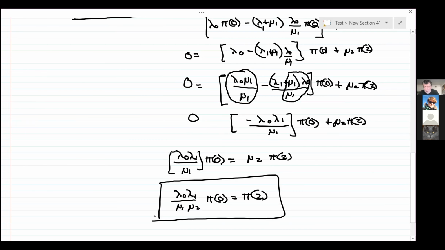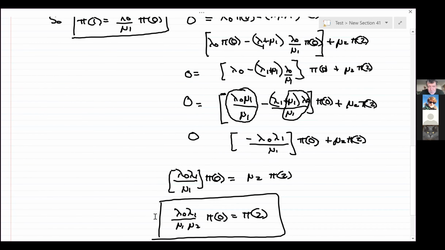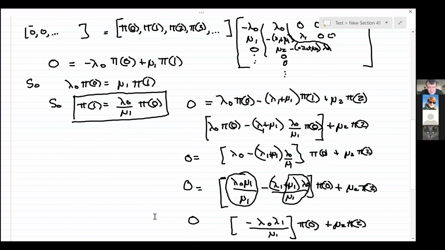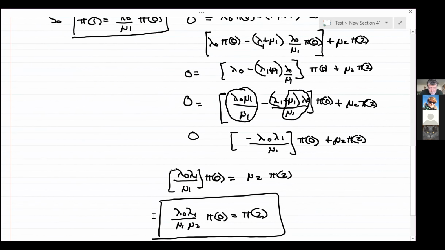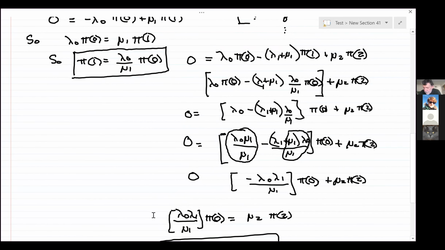Okay, so where are we at? We have almost no time left. Essentially done, but it's okay because we're pretty much where we want to be. We have two equations now. We have pi 1 in terms of pi 0, which is boxed up here. And then we have this one. Let's write this one right underneath it. So the one that we just did looks like pi 2.